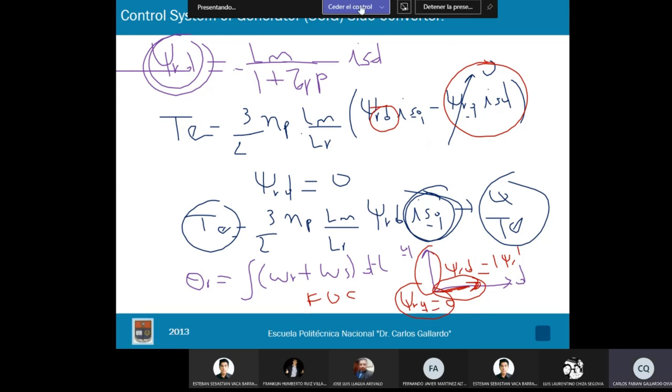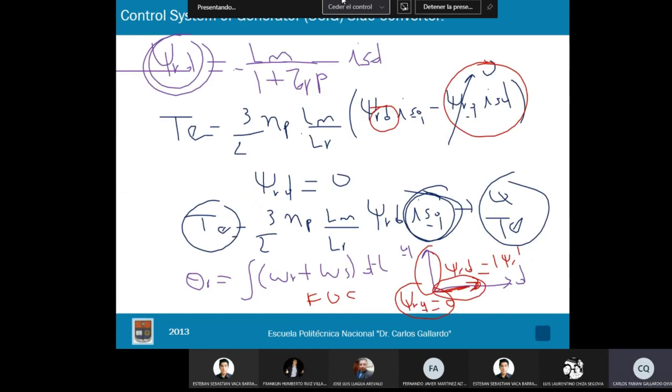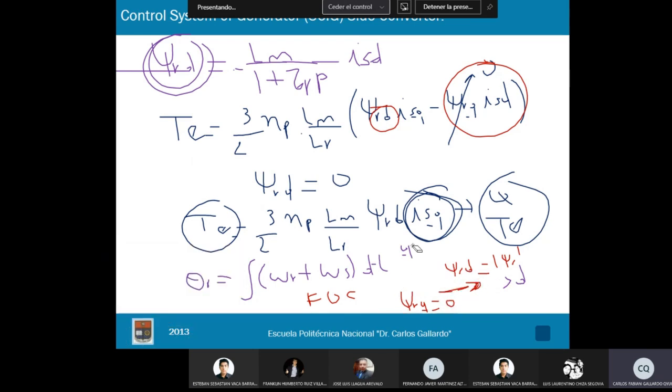So we are working once again in the rotor flux orientation technology. That is the reason it's possible to carry out these simplifications. Finally, I will say how to compute the synchronous speed.